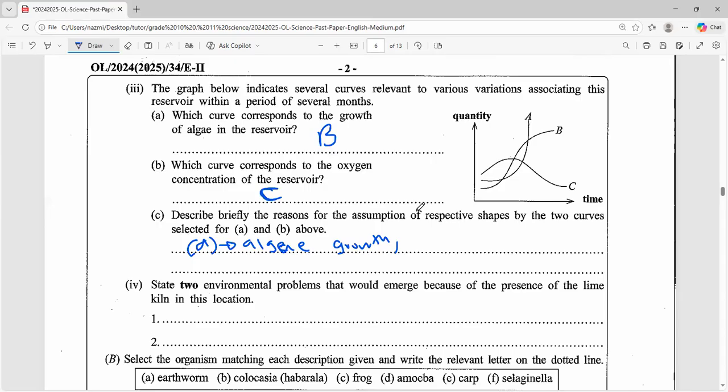In the B part, the curve corresponds to the oxygen concentration of the reservoir, no? So why do you say oxygen concentration reduces? When algae growth increases, the oxygen concentration also will decrease. Why does it decrease? Why do you think that is the reason?